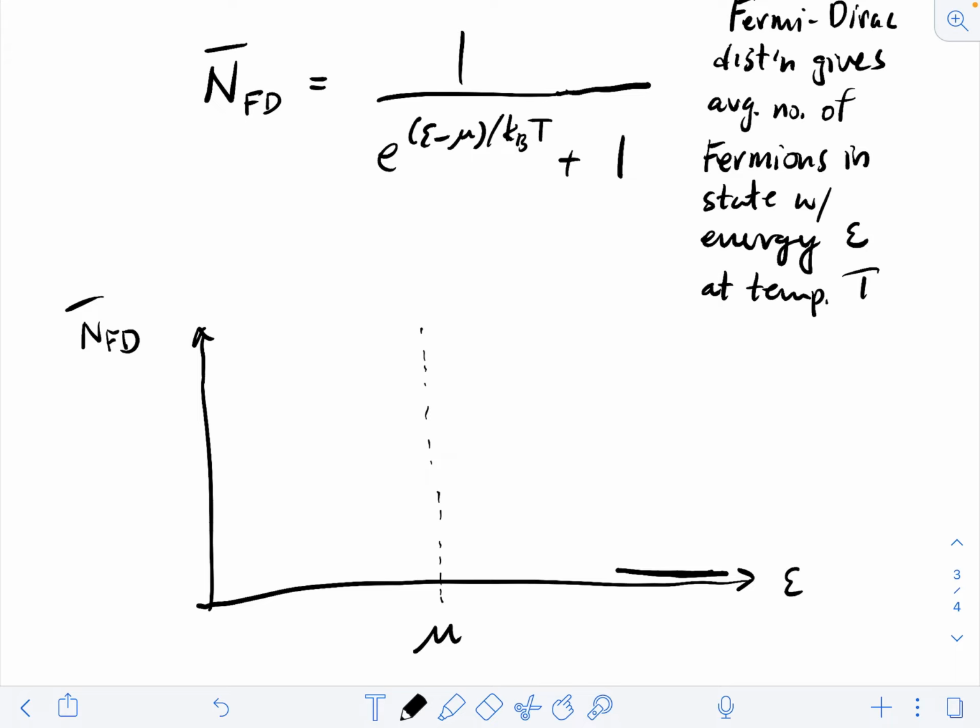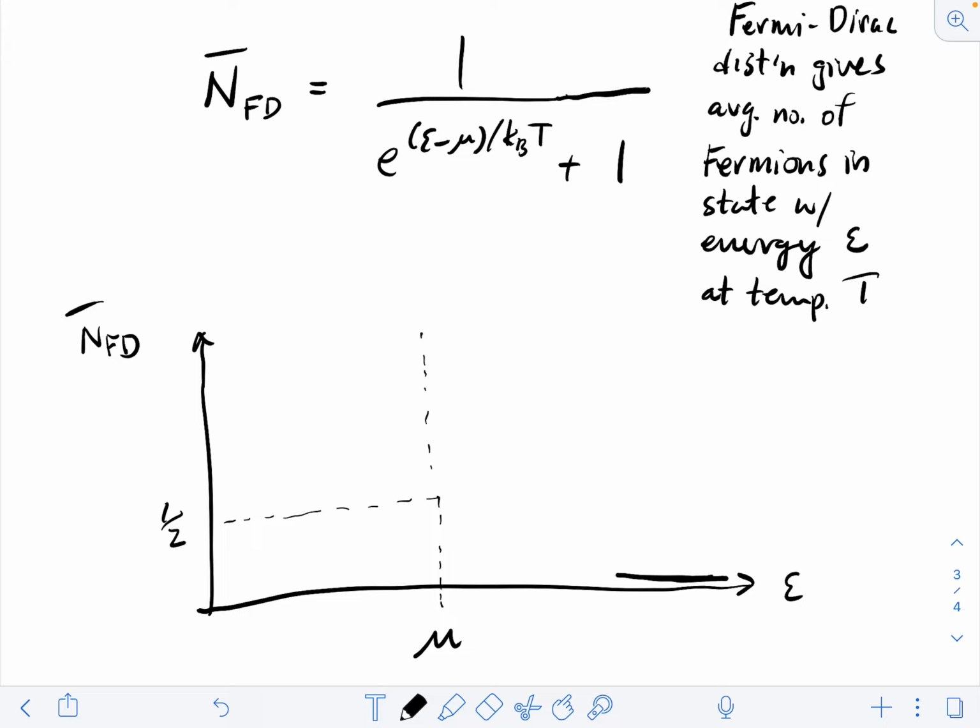And so we have 1 plus 1 in the denominator, and the average number of particles in this state with energy mu becomes 1/2. So of course you can't have half a particle, but if you set up a bunch of identical systems and looked at them, half the time that state would be occupied and half the time it wouldn't be occupied. And so this looks something like that.